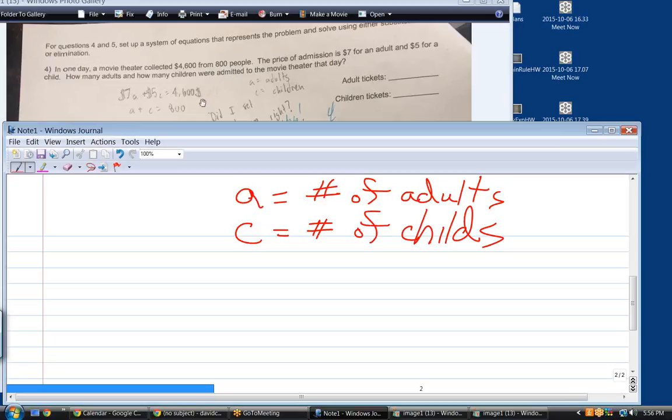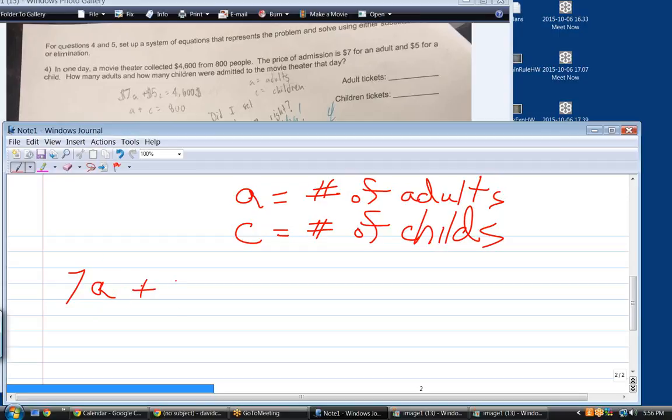Well, what's one equation? Start with the first sentence. So, the number of adults times what? Number of adults times $7. Right, times the price of an adult ticket. And then that's going to give you all of the income from the adults, right?